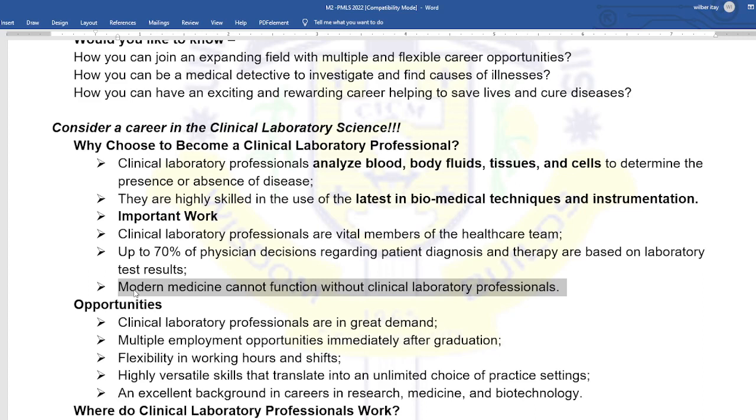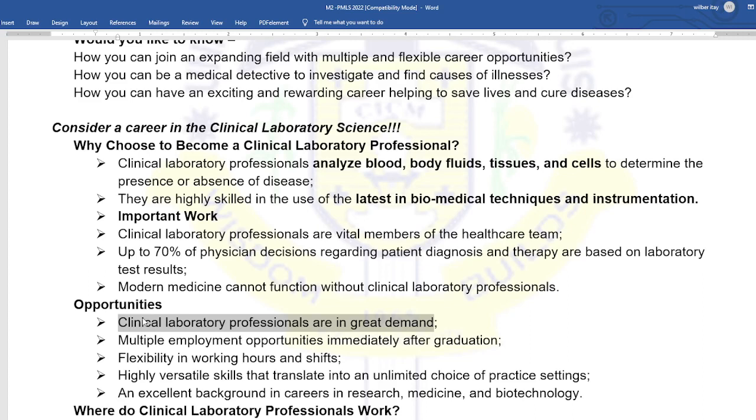In modern medicine, there are different career opportunities for medtech. Okay? We are actually in great demand. Guys, take note, what we do in the laboratory is really difficult because we deal with various body fluids. Kahit nga tae, kahit sputum, di ba? Mga sobrang duduming body fluid, mga sobrang duming waste.